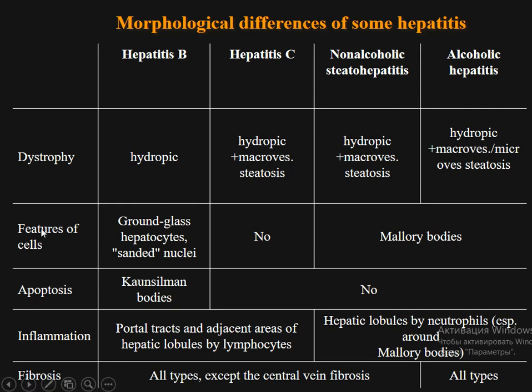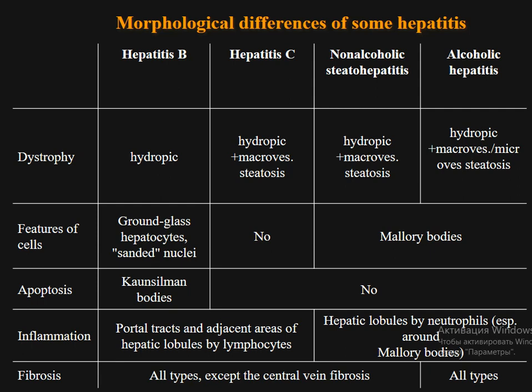Specific features of cells, cytological changes, are typical in case of viral hepatitis only for hepatitis B. First of all, it's related with microbiology of this virus. This virus is a DNA virus, so the presence of this virus in the hepatocytes leads to transformation of cells.